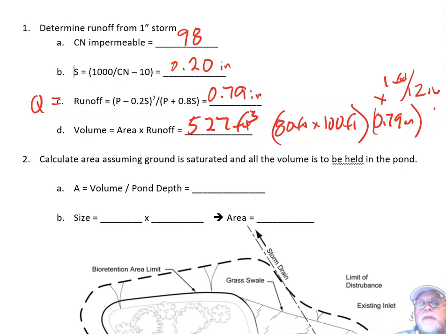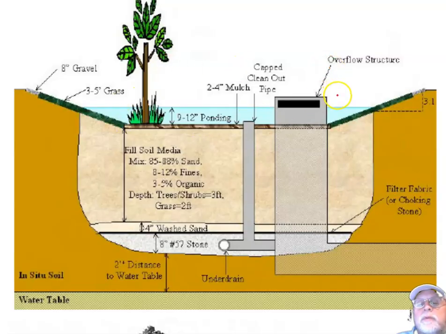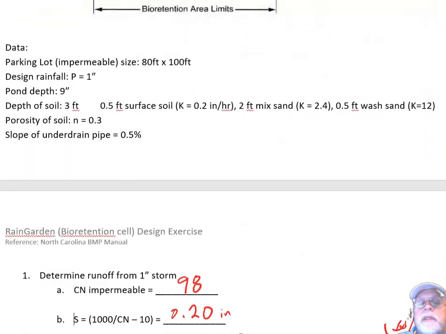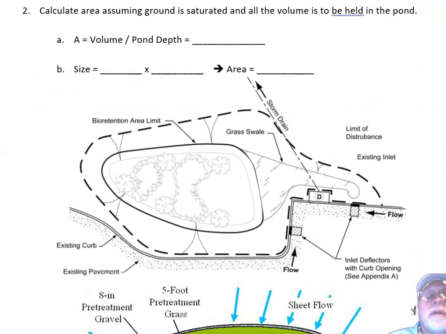So first thing we need to figure out is now we want that 527 cubic feet to be ponded there. So we're not going to assume any immediately infiltrates. It's going to be ponded there, and then it's going to infiltrate over time. So we want that pond to be able to hold that volume. So then the area that pond needs to be is the 527 cubic feet it needs to hold, divided by the depth of the pond of 9 inches or 0.75 feet.